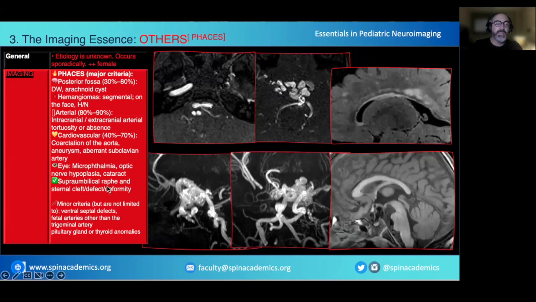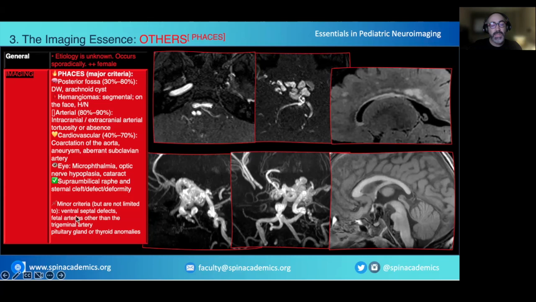There are major criteria which define the acronym: posterior fossa anomalies, Dandy-Walker malformation, arachnoid cyst, hemangiomas, arterial, intracranial, extracranial arterial tortuosities, cardiovascular, coarctation of the aorta, eye, microphthalmia, optic nerve hypoplasia, and if there is an S, there is a supraumbilical raphe and sternal cleft defect.